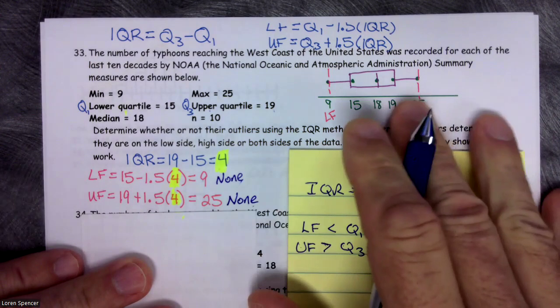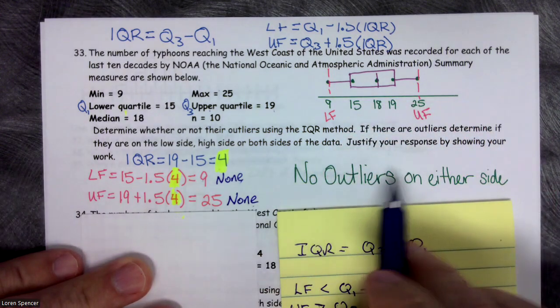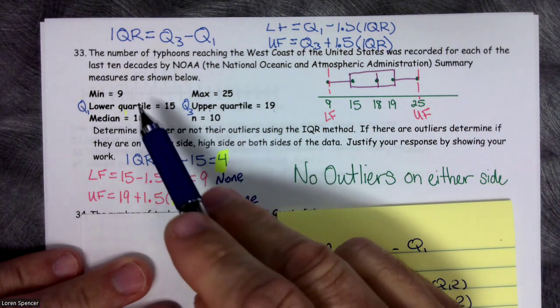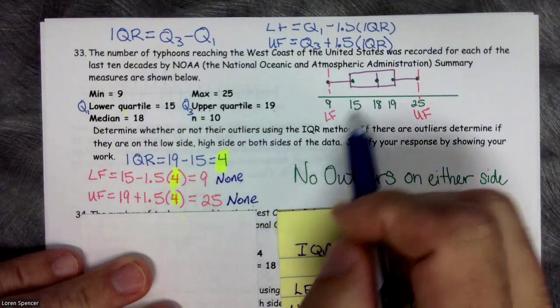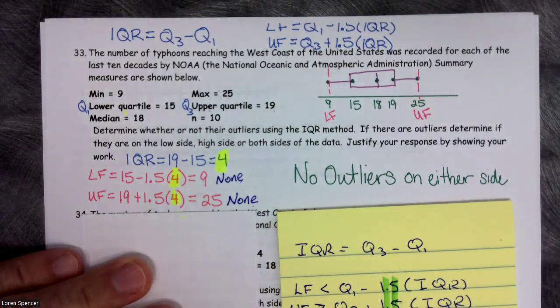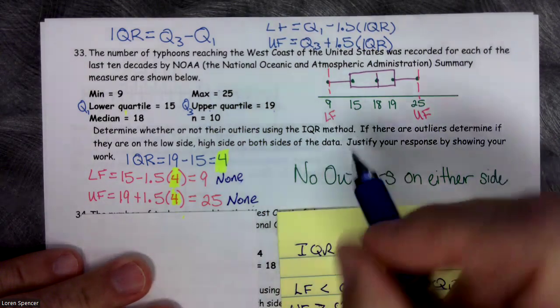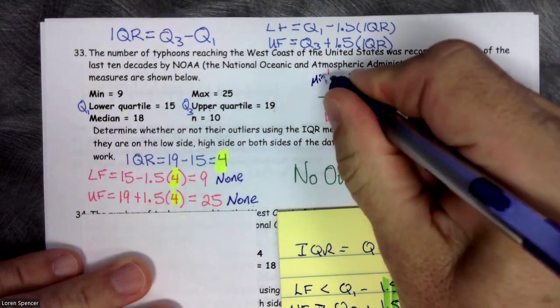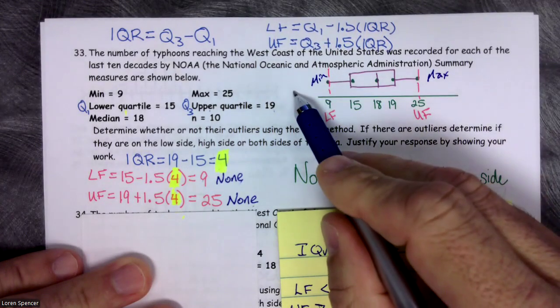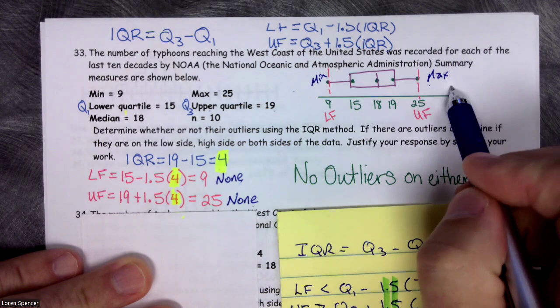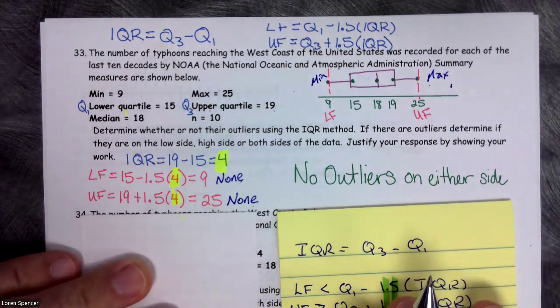So there's no outliers on the high side. So no outliers on either side, although our min and our max are actually on the fences. And that's what we've drawn here, because this was our min value and our max value. To be an outlier, our min value would have to be down here, or our max value would have to be somewhere up here above the fence.